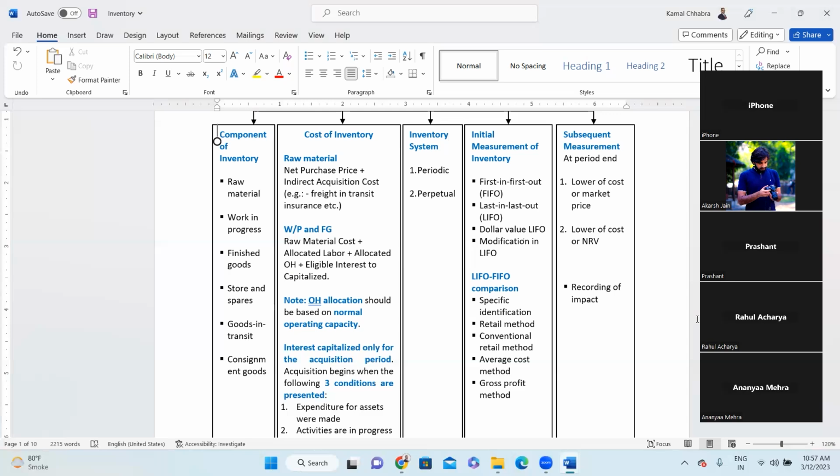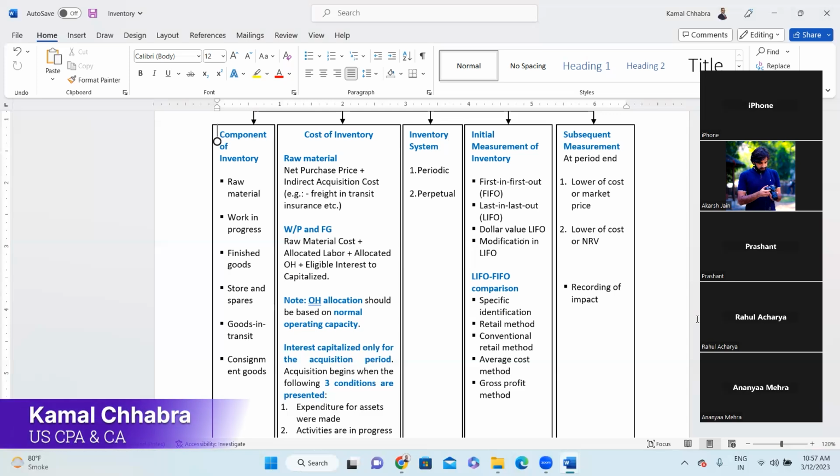So what you will see in the question: if the market is in inflation and you're using FIFO method, will your cost of goods sold be higher or lower compared to LIFO?